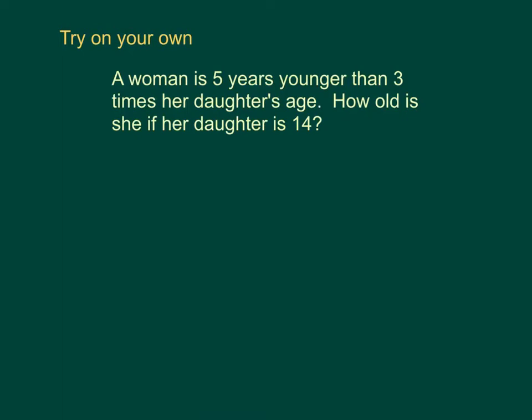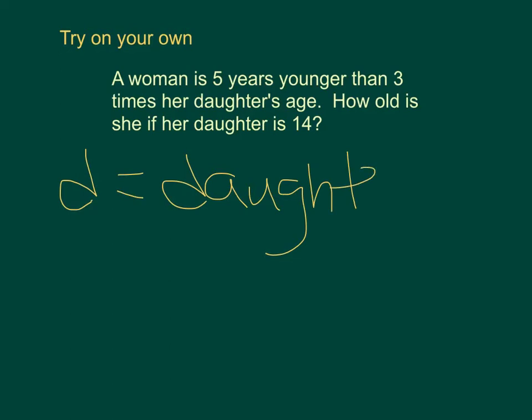The first thing we need to do is define our variable. I'm going to say our variable is D. D stands for daughter's age. Now I need to write my expression. She is 5 years younger than 3 times her daughter's age.